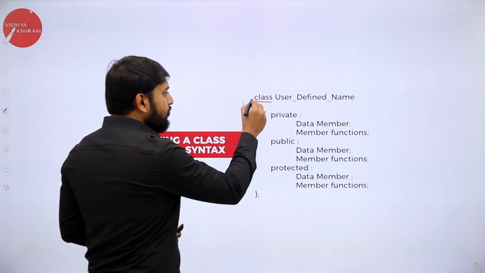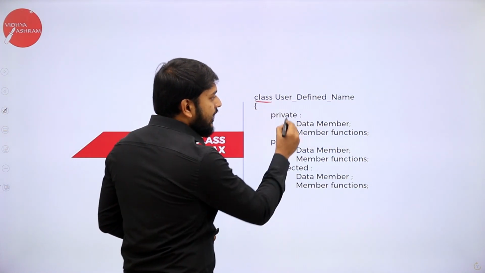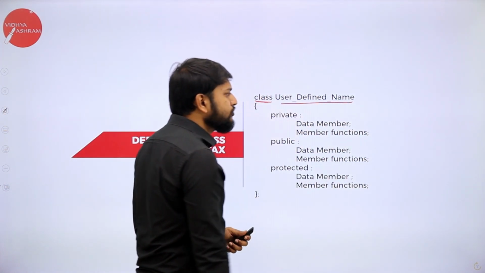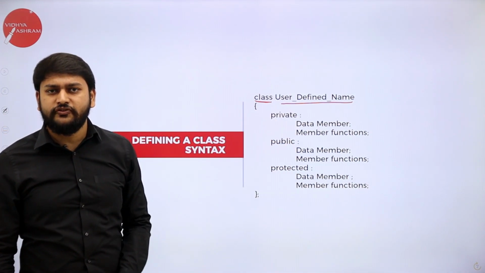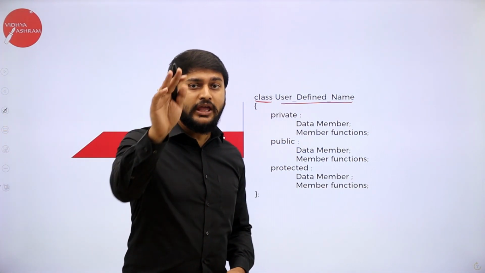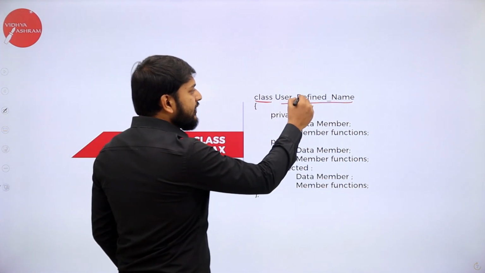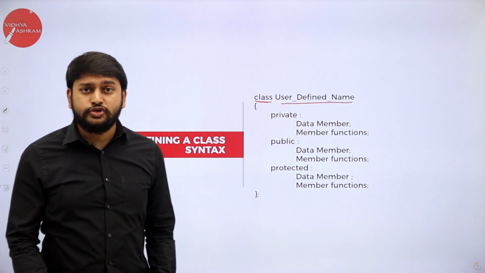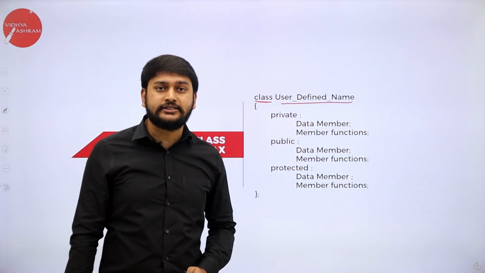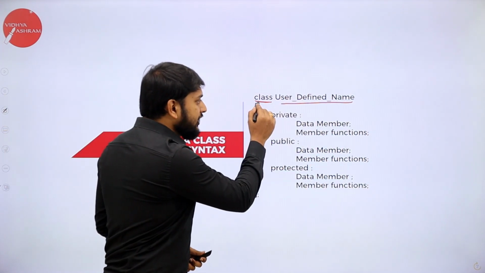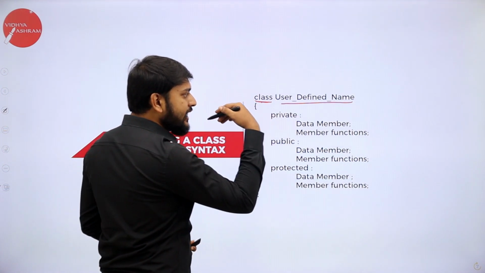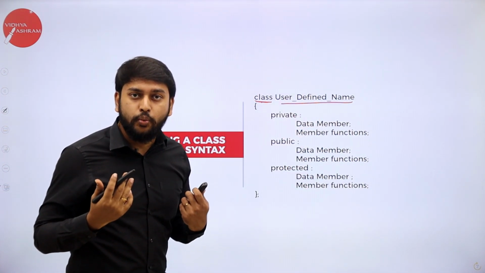After using this keyword called class, I am using a user-defined name. What is the meaning of user-defined name, sir? It means I can write any name whatever I want, and that will be the name of this class. Remember, after the keyword class, I can write any name of my own wish.